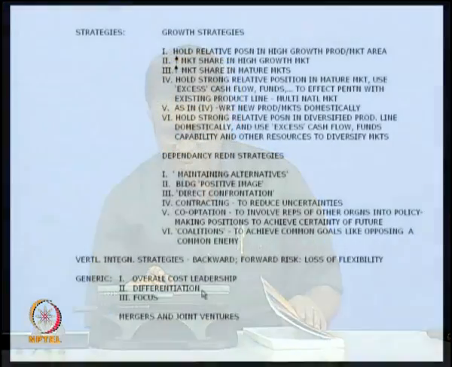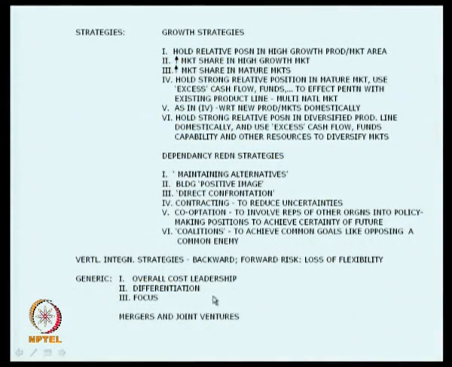Now, the second generic strategy is what is called differentiation. What do we mean by differentiation? How do you differentiate your product from the others in the marketplace? What are the characteristics which differentiate your product from the other players? The question is, if all the products are similar, then what is going to happen?